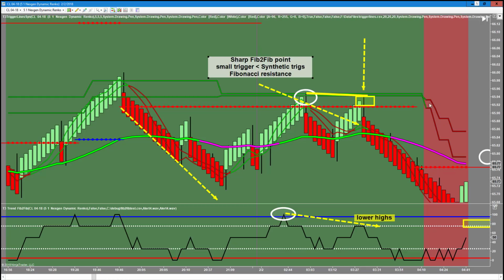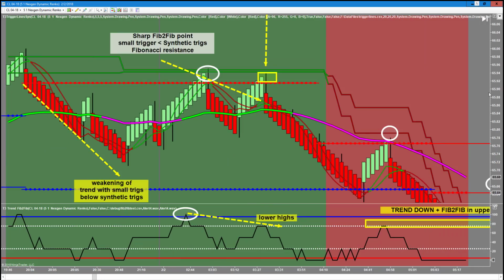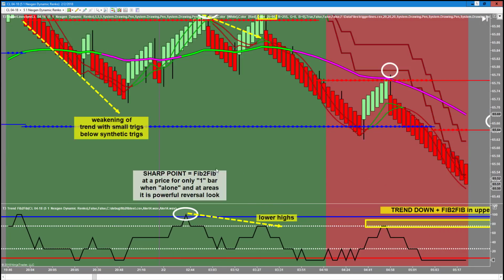Now again, starting off, you're going to probably start with trend trades and with the background color of the chart, which is fine. We're going to use the Fib to Fib oscillator in that scenario as well.